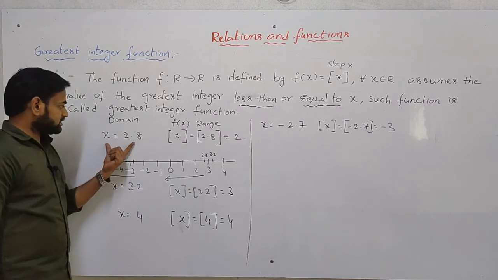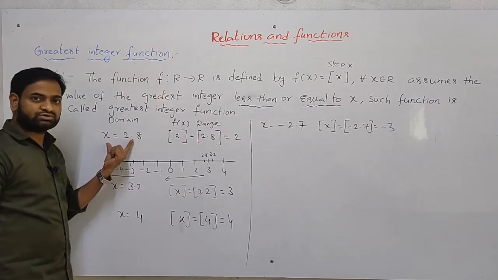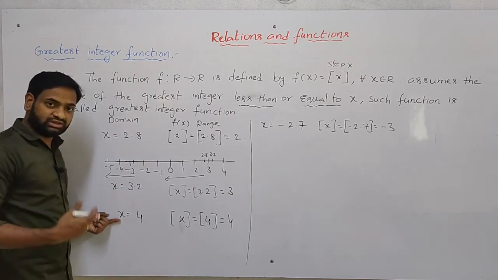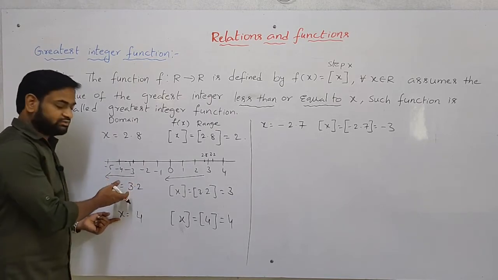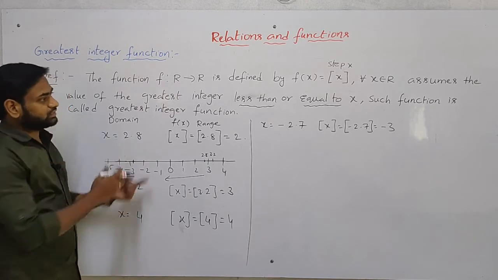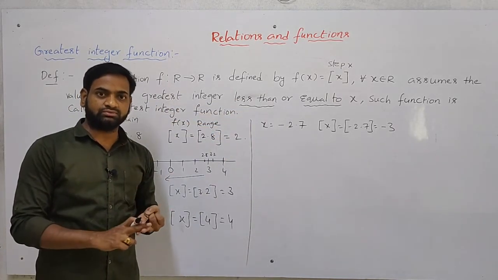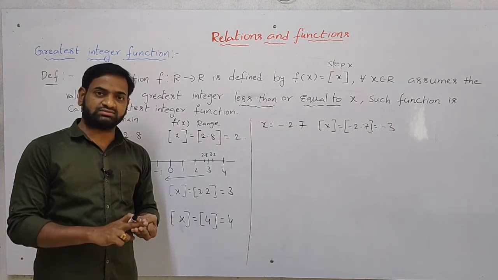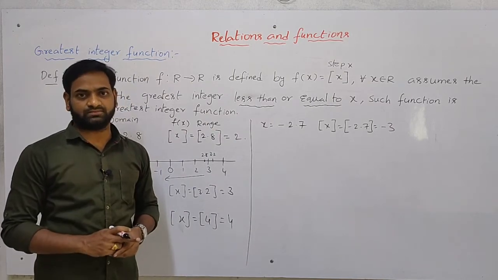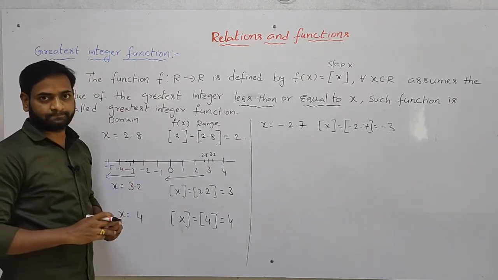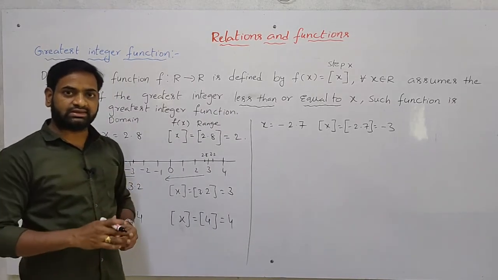Now see here, in the input which values are given? Here I took integers, I took decimal values, I took positive and negative values. So here you can take any value.